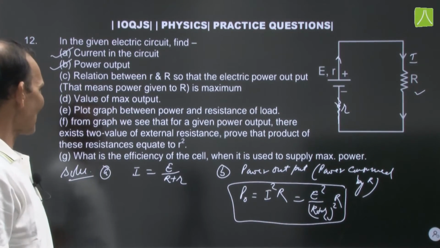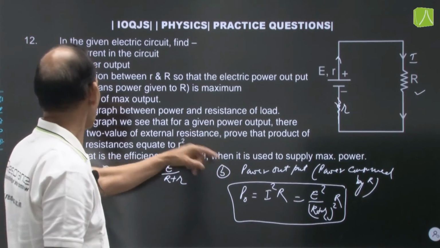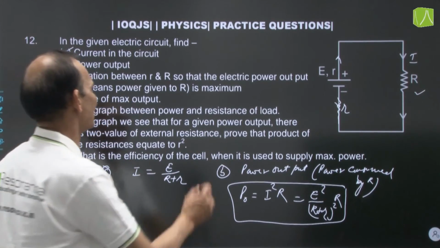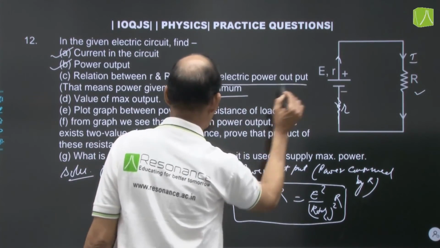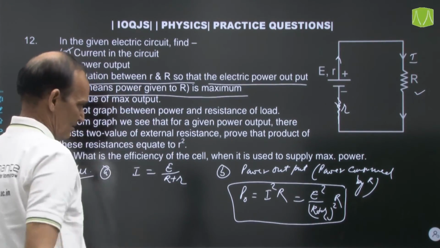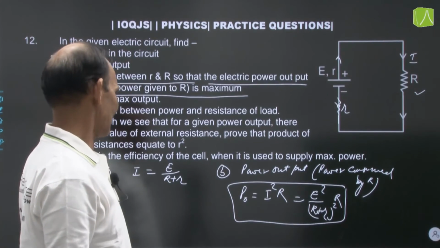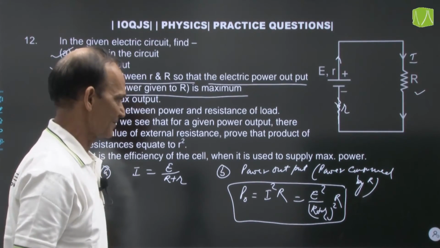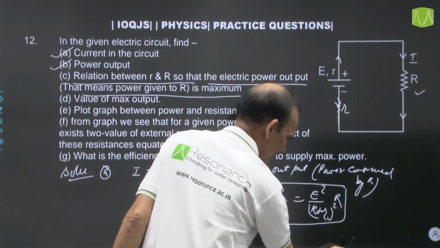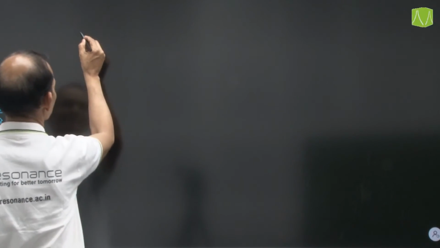Now the relation between r and R, so that the electric power output, that means power given to R, is maximum. It is an important part. It may depend on differentiation, an important part, but other than differentiation we can also remember it. Now the power is E square upon R plus r whole square into R. Now think about it, C part.